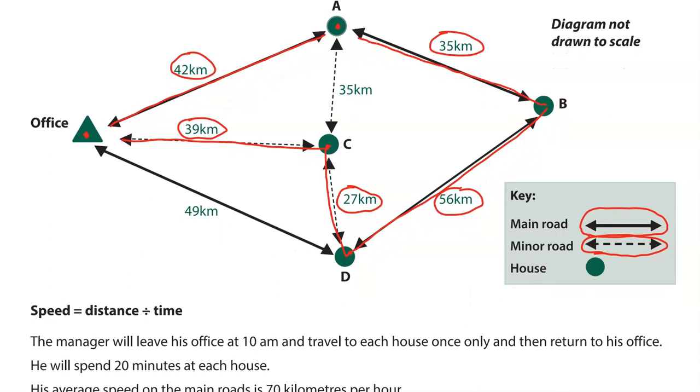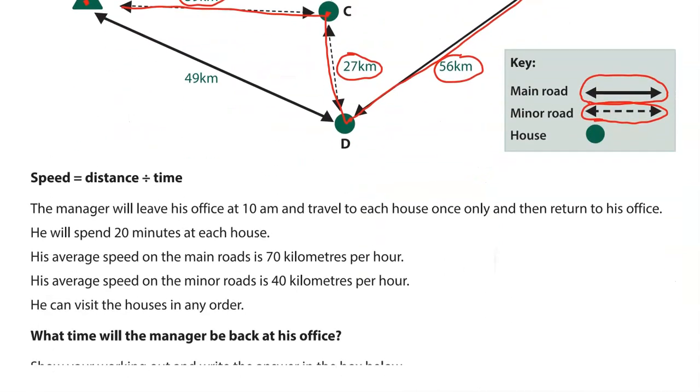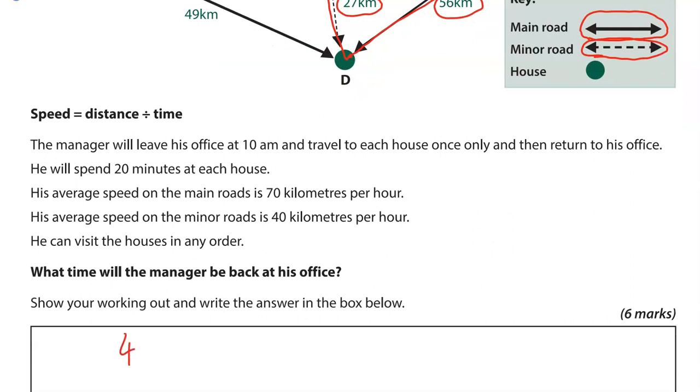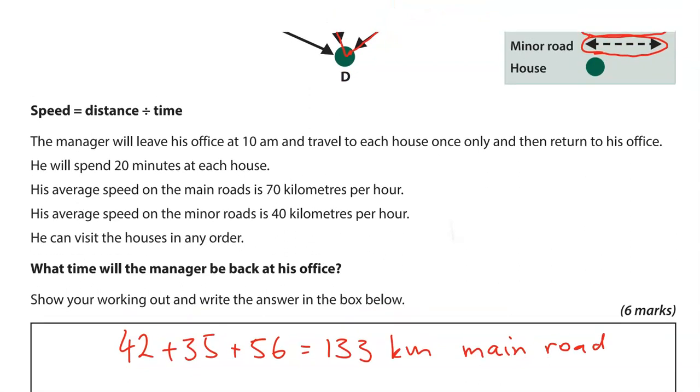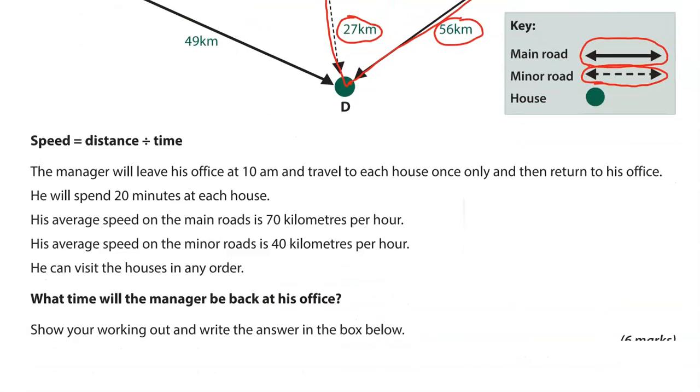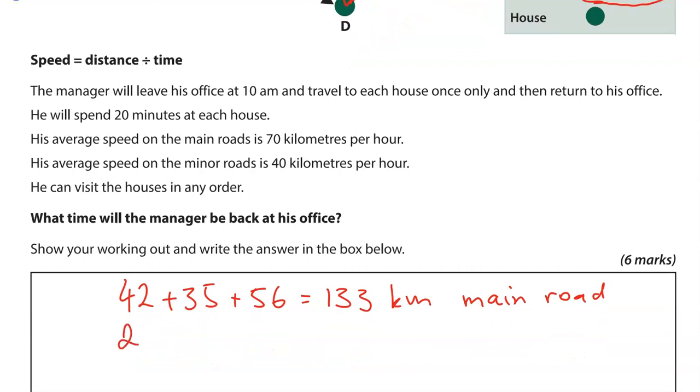So let's add them together. 42 plus 35 plus 56 gives us 133 kilometers of main road, and then we have 27 and 39, which is 66 kilometers of minor roads.